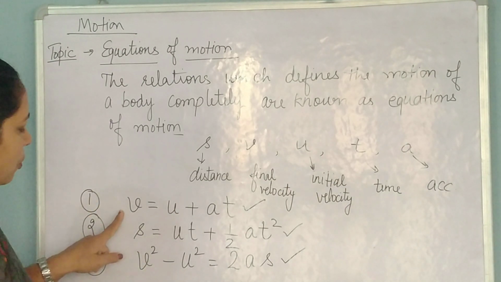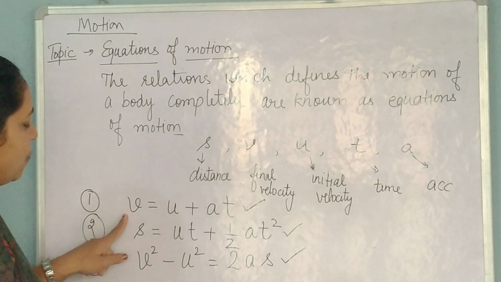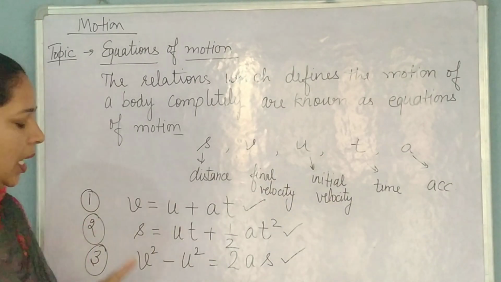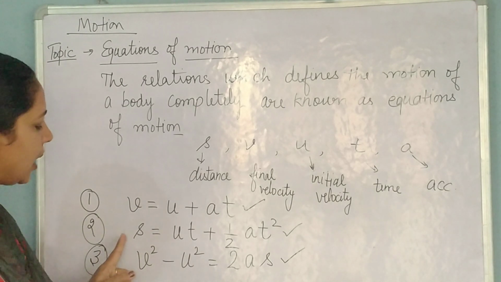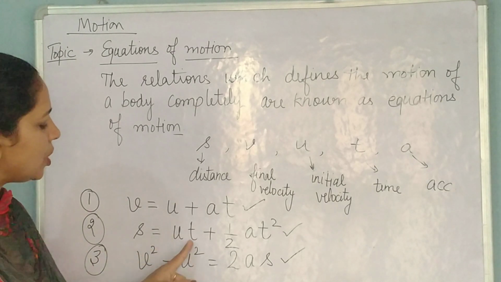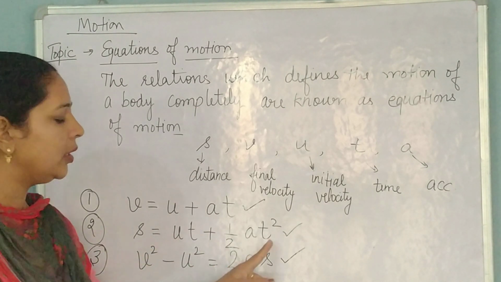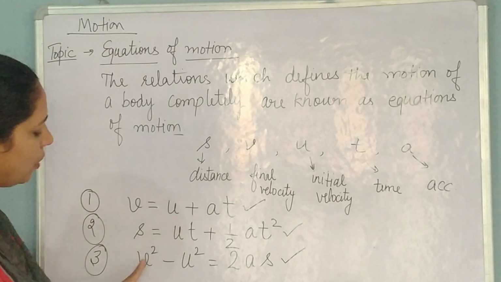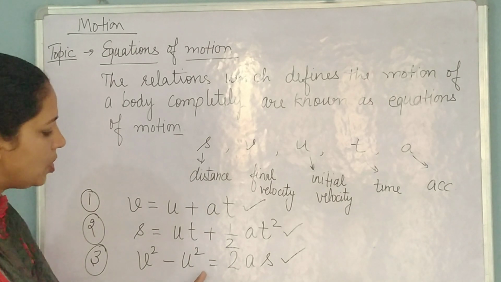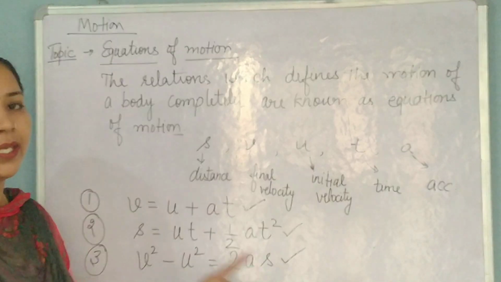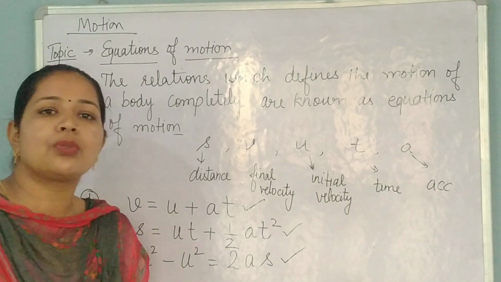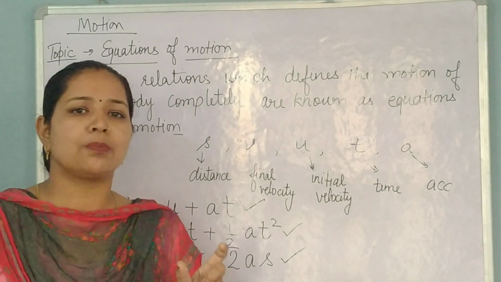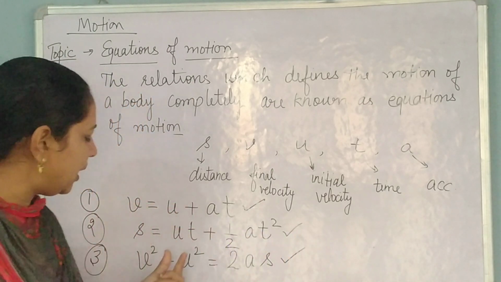The first equation of motion is only this one, that is V equals U plus AT. And the second equation of motion is S equals UT plus half AT square. The third equation of motion is V square minus U square equals 2AS.